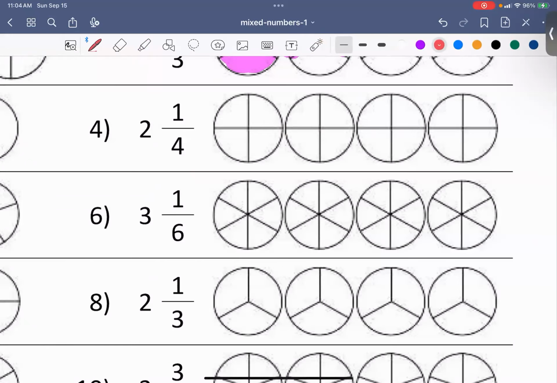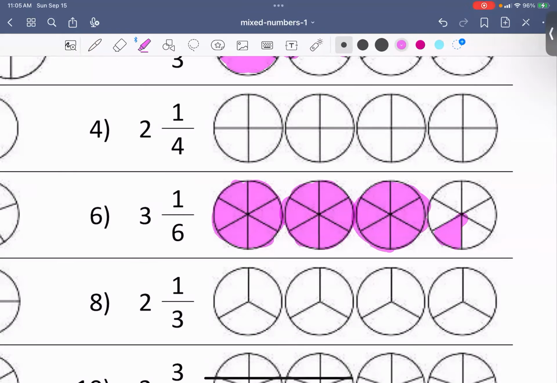All right, so let's do, we got 1, 2, 3. Okay, so we got our 3 wholes and then 1/6. So I'm gonna just shade in just this one here. We got 3 and 1/6.